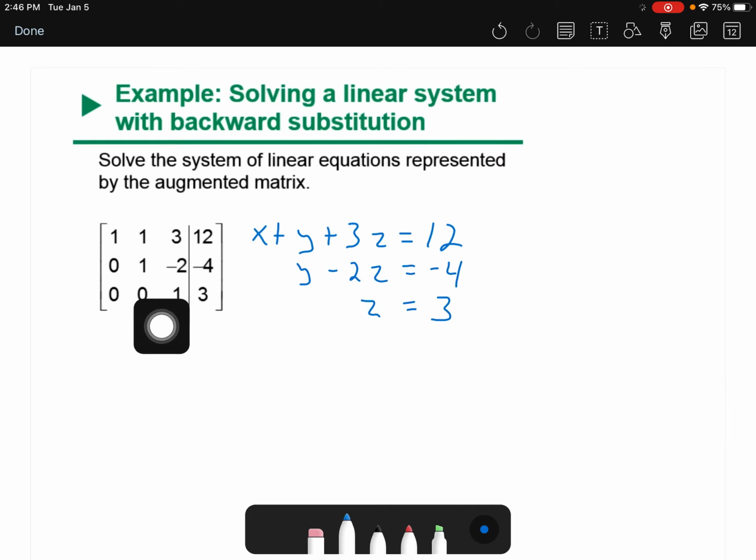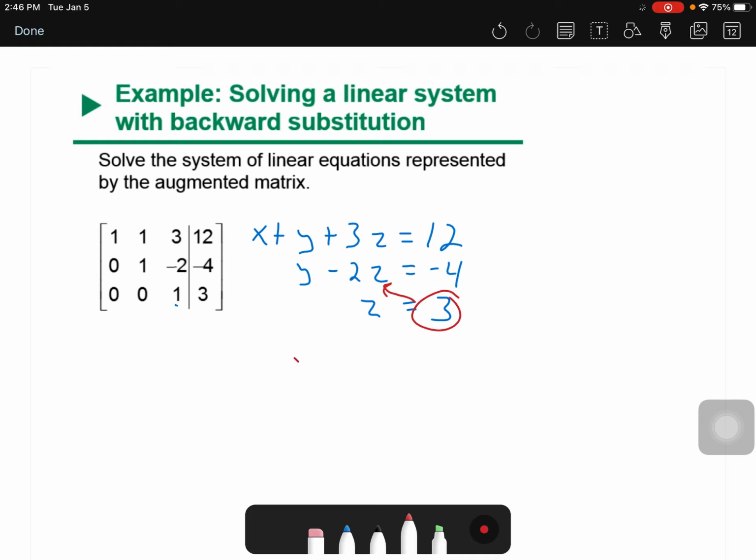The good thing about this is that this bottom equation is already solved for one of the variables. So then all you have to do is back substitute into the equation above it, put the 3 in for the z, and then I can solve for the y. Then I'll have both z and y, put those up here, and then you can solve for x. So knowing that z is equal to 3, I can plug it in right there.